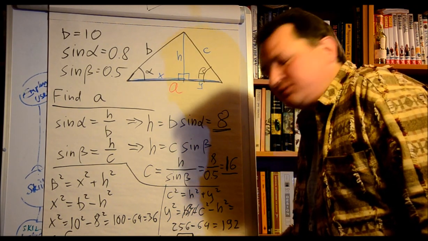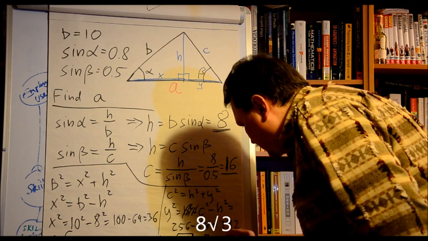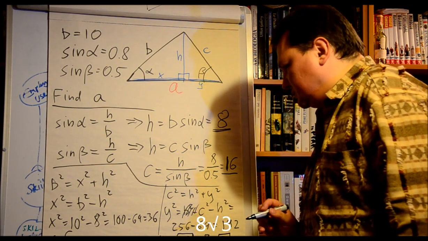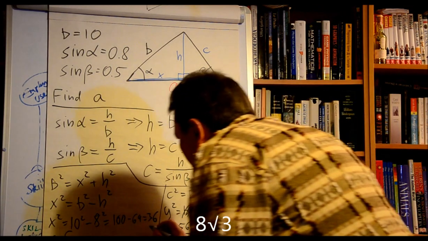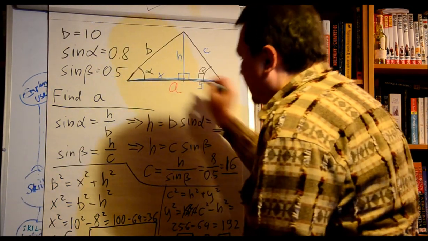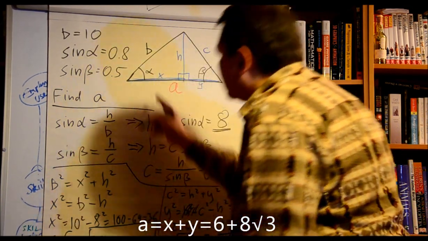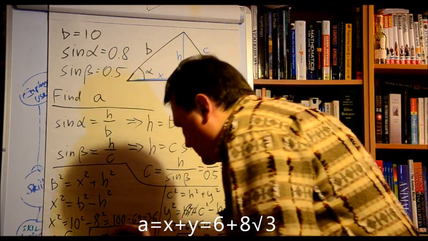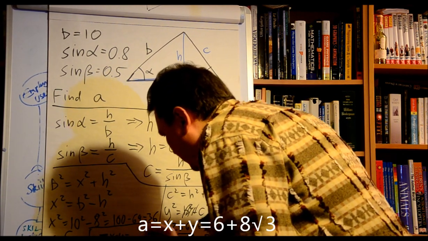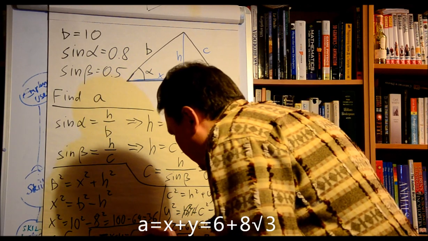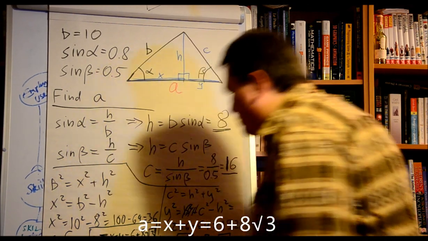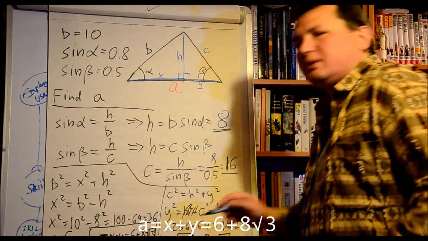The square root of 64 is 8, so the result is 8 times square root of 3, sorry. And now the final result, a, is of course x plus y. This is the reason why we wanted to calculate x and y, and this is 6 plus 8 times square root of 3. This is the final result.